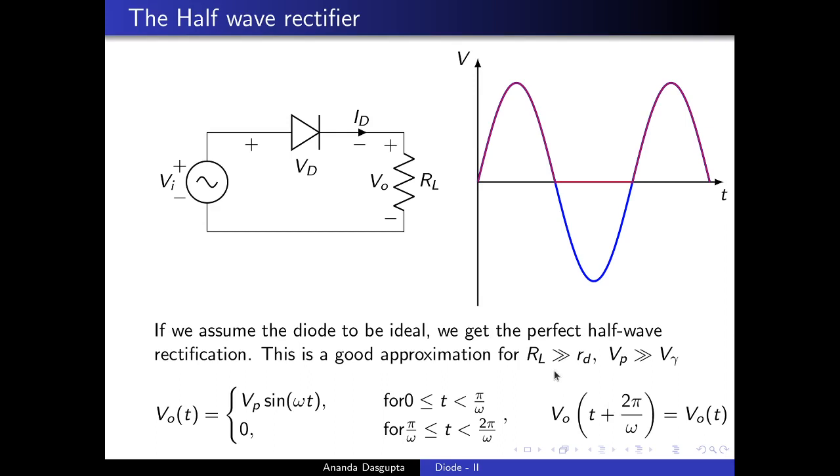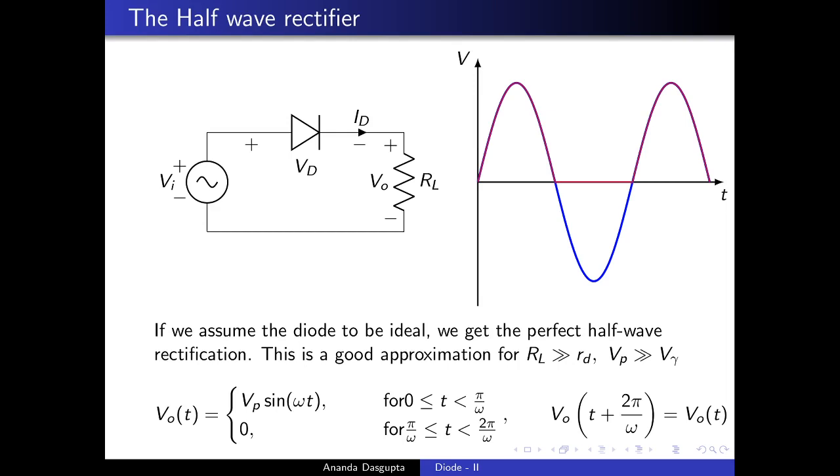Of course, this is a good approximation for a real diode scenario when two things hold. Firstly, the peak voltage has to be much bigger than the cut-in voltage V gamma, which was clearly being violated in the picture that we drew a while ago, but that was essentially drawn to emphasize that there is a cut-in voltage effect.